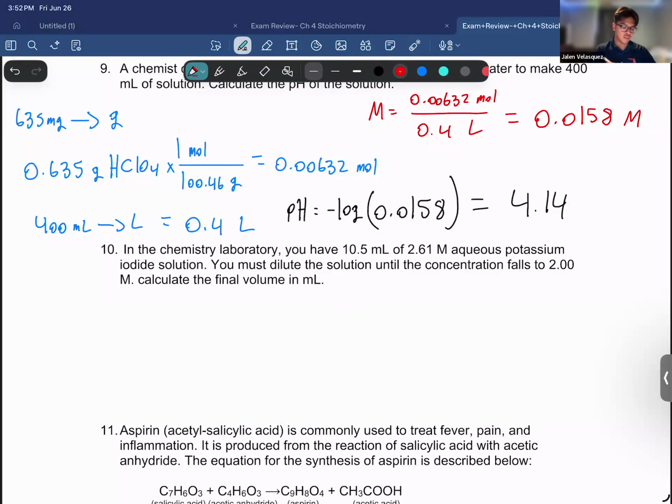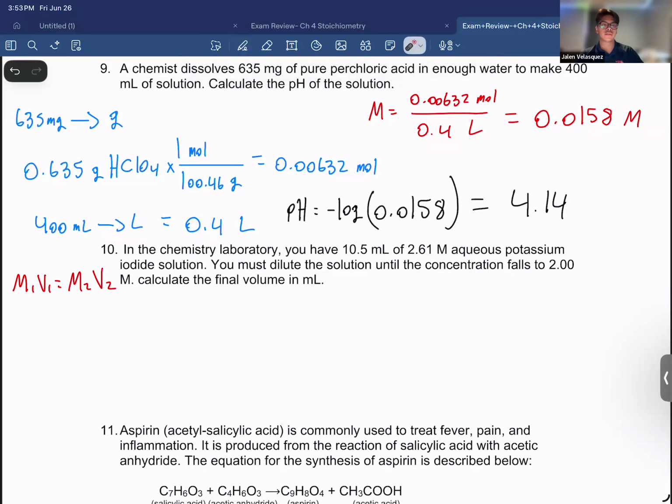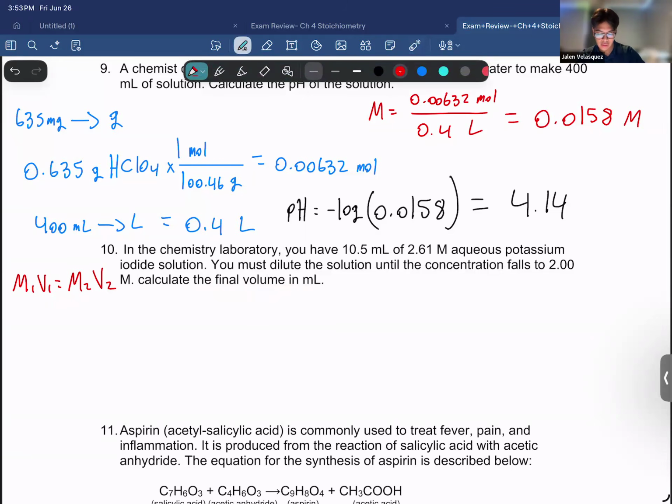And we know the dilution equation is M1 times V1 equals M2 times V2. So the initial concentration times the initial volume is equal to the final concentration times the final volume. All right. We're calculating the final volume. So we're gonna plug everything in that we have.